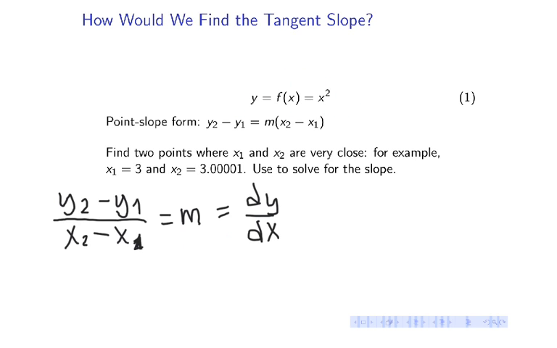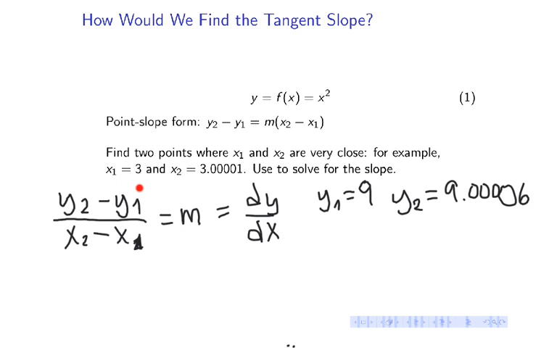Well, if we feed this function the number 3 for x, we get y1 equal to 9. 3 squared is 9. y2 is going to be equal to 9.00006. Alrighty.